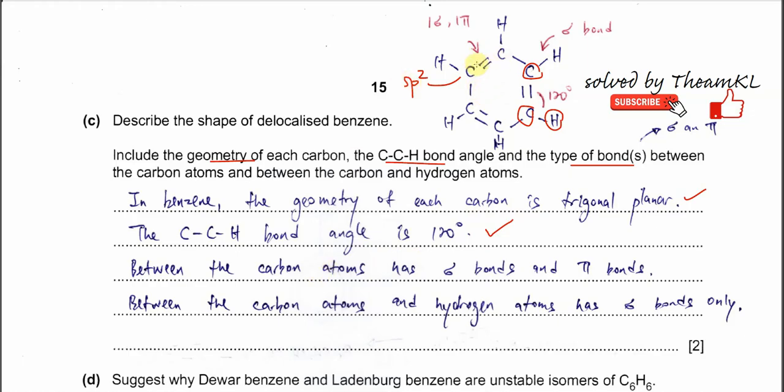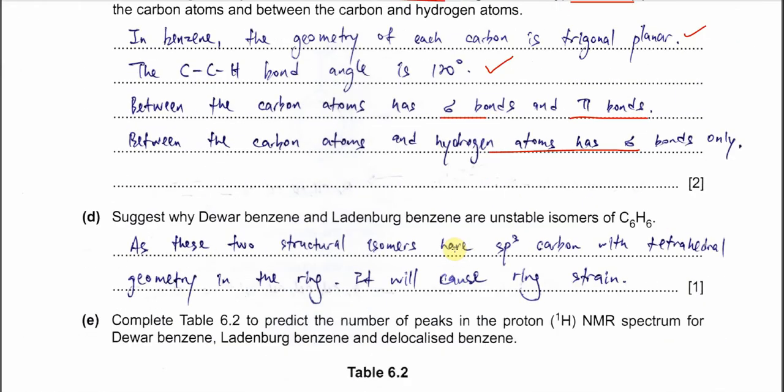You can see here. A double bond means there will be 1 sigma bond and 1 pi bond. So you just need to put between the carbon atoms the sigma bond and the pi bond. Between the carbon and hydrogen, let's say here, only sigma bonds. So these are the types of bonds between the atoms.